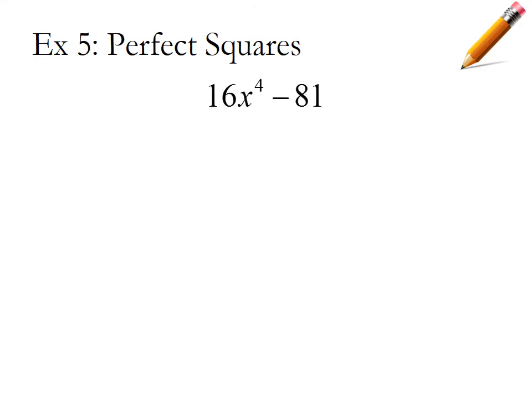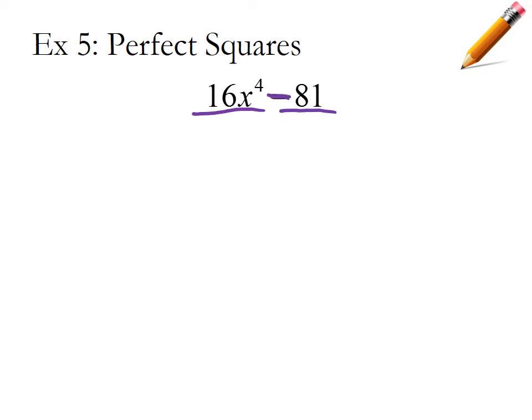Take a second to jot down this example 5. Perfect squares. So this was the last page in our foldable from the factoring chapter. Notice that the left side is a perfect square and the right side of the binomial is also a perfect square.